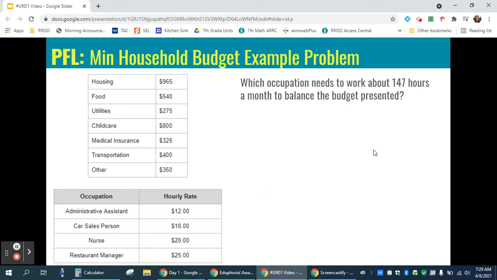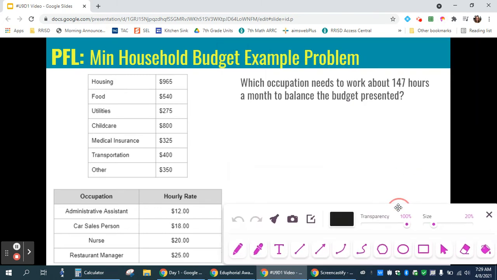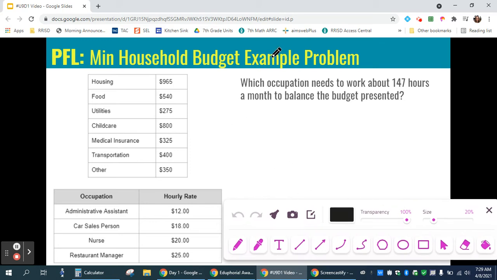All right, let's look at the minimum household budget and see how much work we'd have to put in. So this question says, which occupation needs to work about 147 hours a month, not a day or a week, to balance the budget?